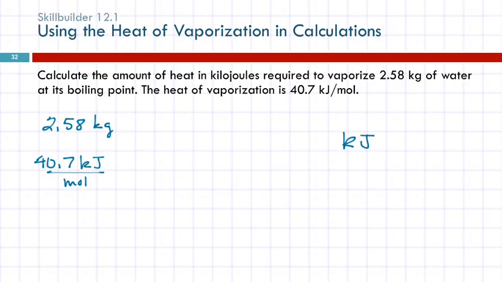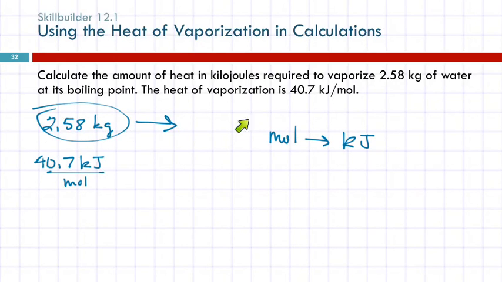So we're going to start with kilograms, and we need to get from kilograms to kilojoules. Well, this relates kilojoules to moles. So mole is going to be the step right before kilojoules. So moles. So we're bringing it in here a little bit, getting closer.